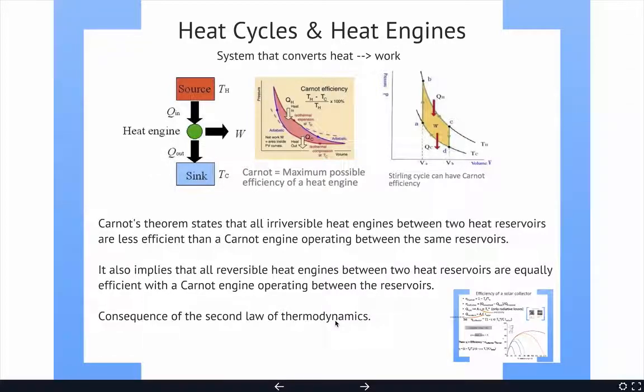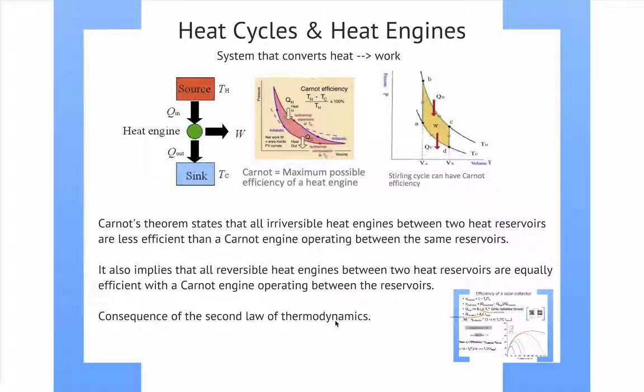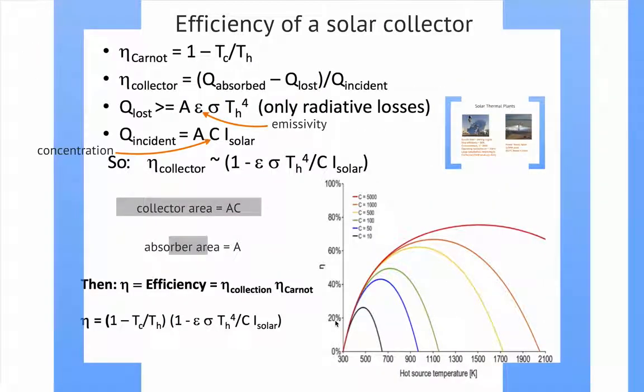Okay, now the last thing I would want to talk about is a specific example, and that's the last topic that I want you to understand. We'll apply what we have learned so far to look at a very simple example of a solar collector. Okay, so let's walk through this slowly.